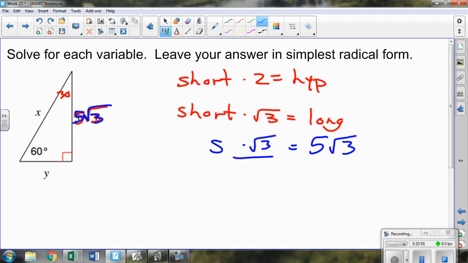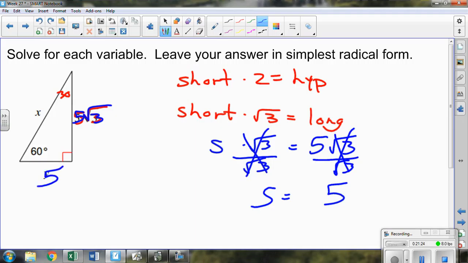One way is to recognize division will cancel out multiplication. So the short leg is equal to square root of 3 divided by square root of 3, a number divided by itself. That's 1, so it cancels out, and the short leg is equal to 5. Sweet. Y is 5.